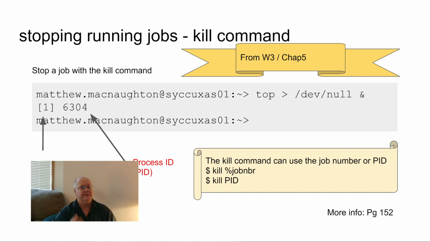The syntax is pretty straightforward. Type the word kill and then a % and the job number, if you want to kill by job number, or type kill and then the process identifier, the PID, without a percent sign. So percent job number, no percent for the PID. Either way, it's going to terminate the process.